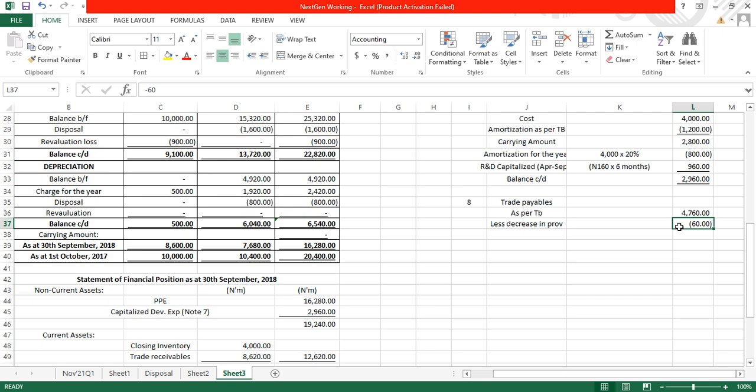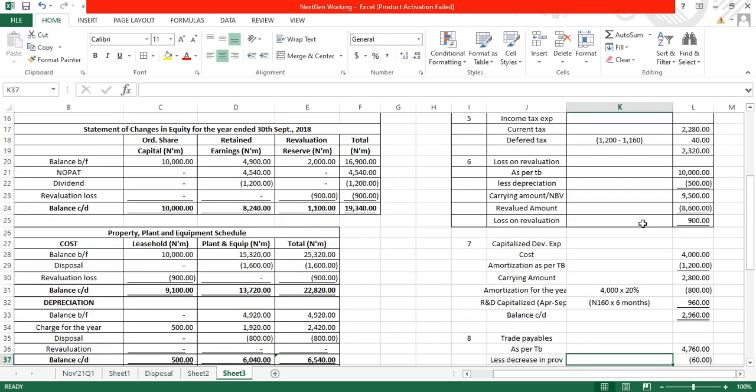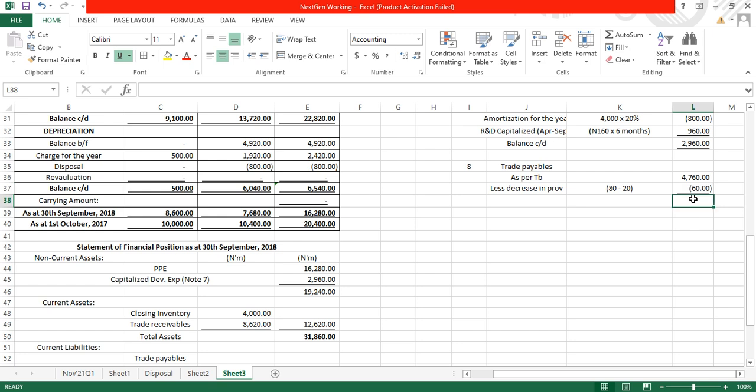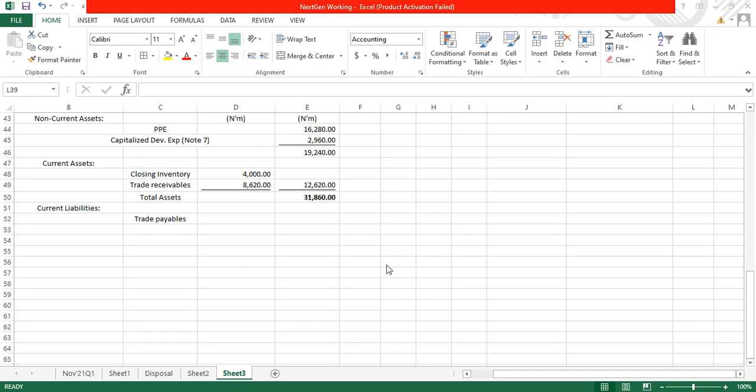Our provision has reduced by 60, and that is this 80 minus 20. So what's our liability now? 4,700. So we have 4,700. That's my note 8 back.